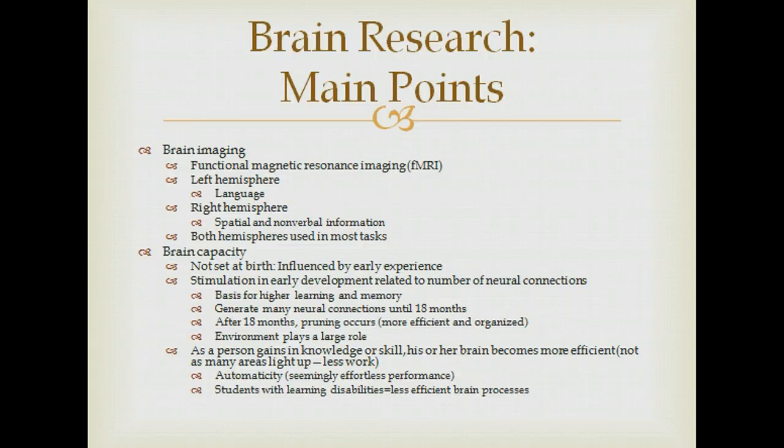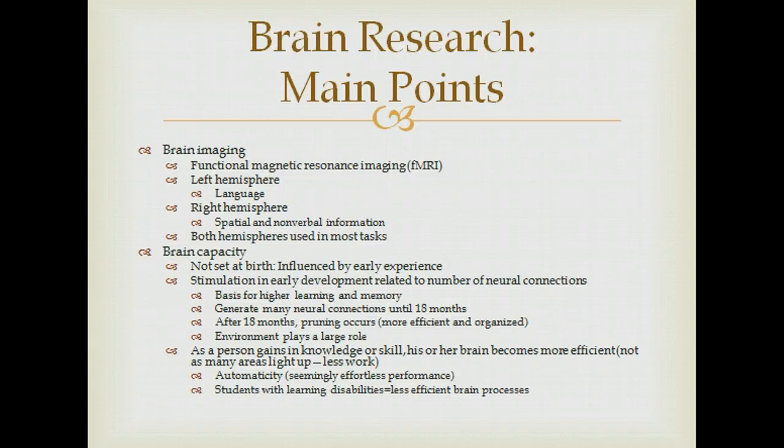But we've learned through research that students who have learning disabilities often have less efficient brain processes. And this is very important as a classroom teacher to understand, that automaticity is a little more difficult for students who have learning disabilities.